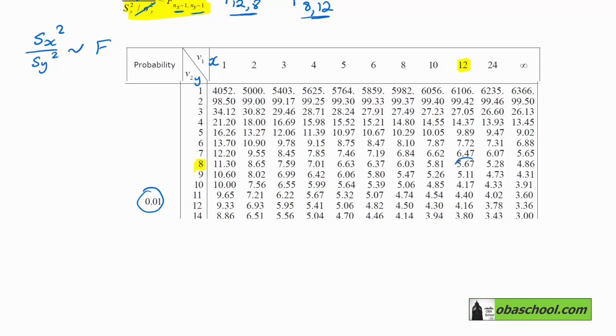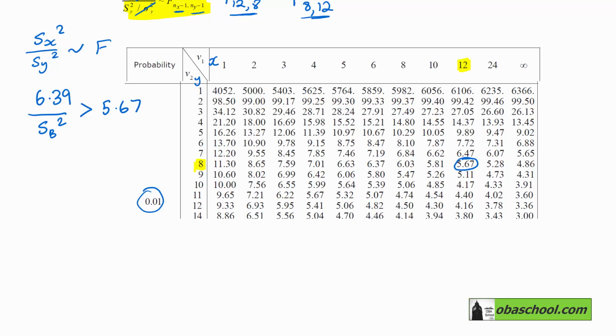And so where they intersect, we're looking at 5.67. So Sx is the known one, so that's 6.39, which we got from the table above, over SB squared. We want that to be greater than 5.67.